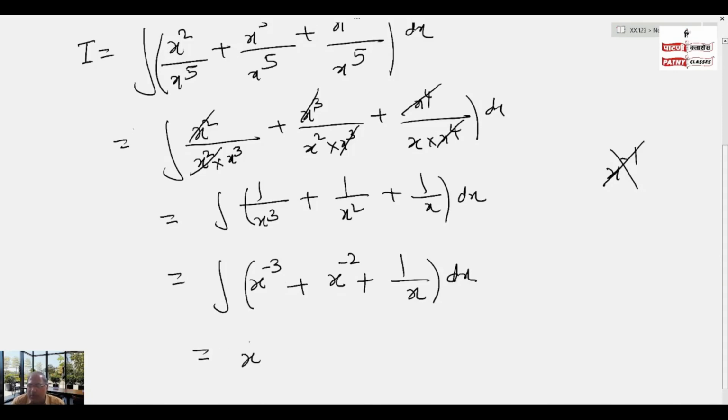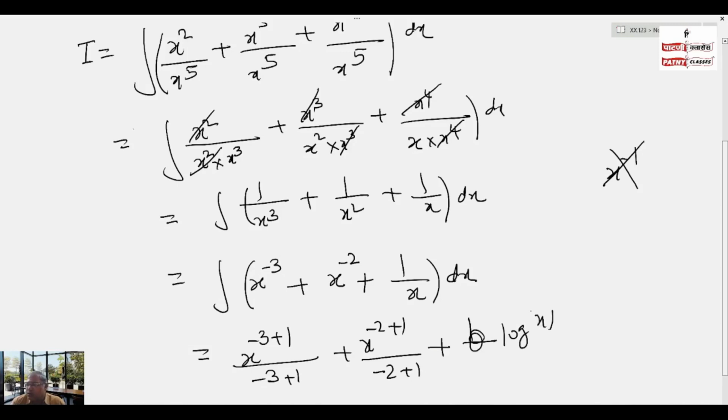So this becomes x raised to minus 3. Integration now of each and every term: x raised to minus 3, that is a type 1 problem, and here it is x raised to minus 2 plus 1 upon minus 2 plus 1, and integration of 1 upon x is nothing but log of modulus x to the base e plus c.